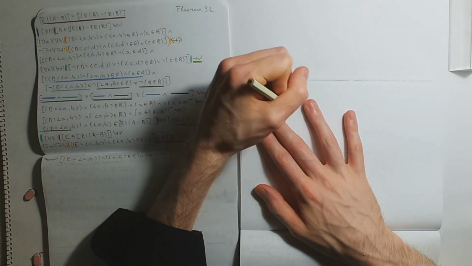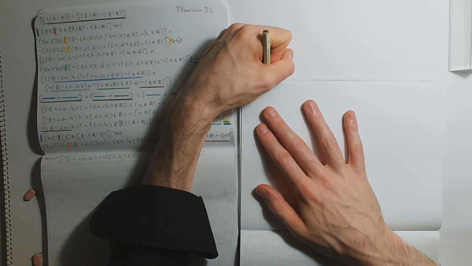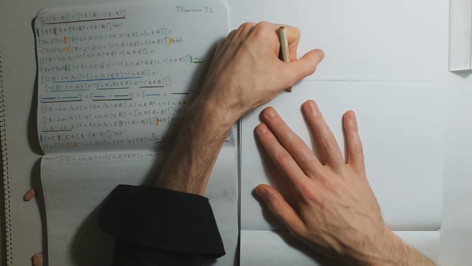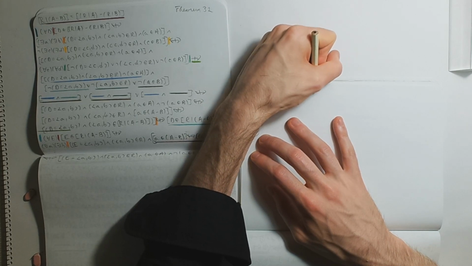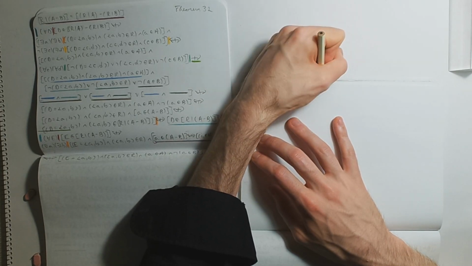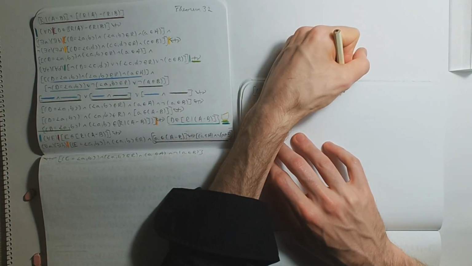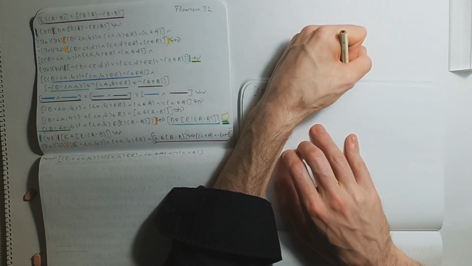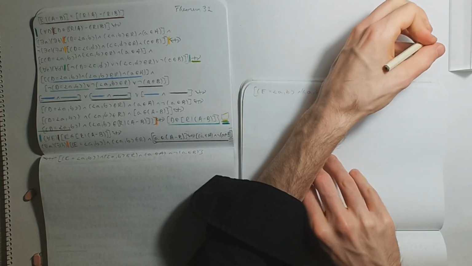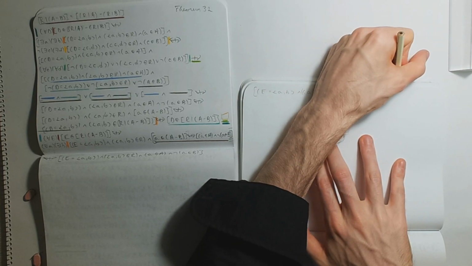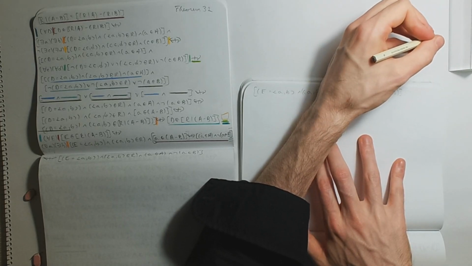Let's try E is equal to the ordered pair AB, and the ordered pair AB is an element of R, and A is an element of A, and not A is an element of B. Okay.